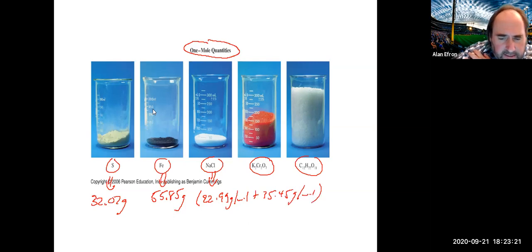So the molar mass of that is 58 something there, 44 I think. 58.44 grams per mole.